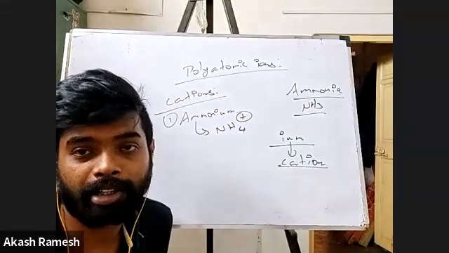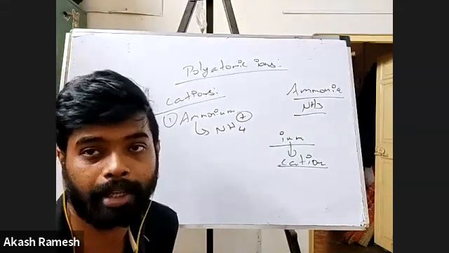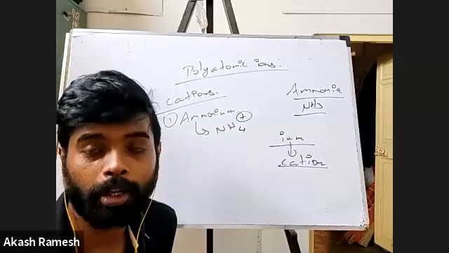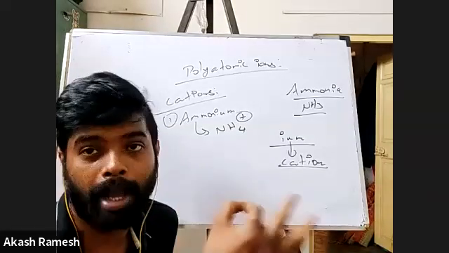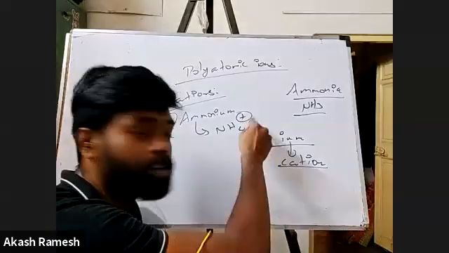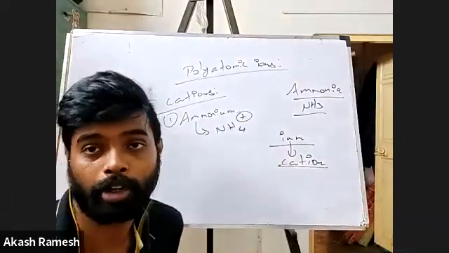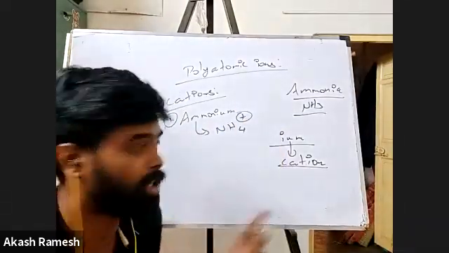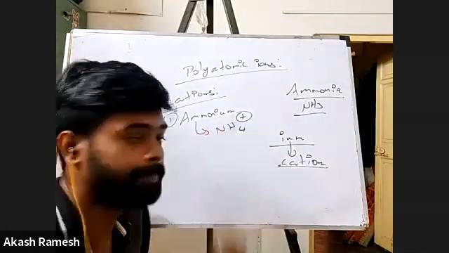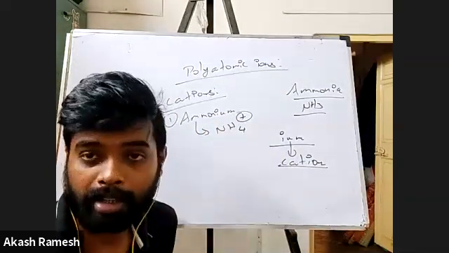You should not say just NH4. You have to say NH4 1 plus. If you do not mention this, it's absolutely wrong, because the moment you see IUM, you must understand that it is a cation.